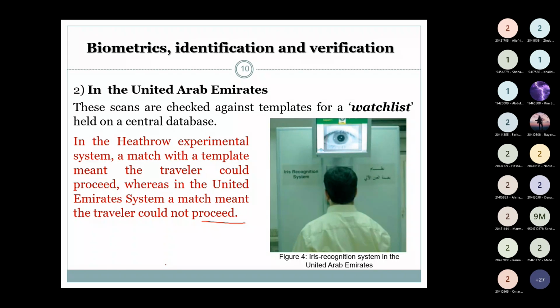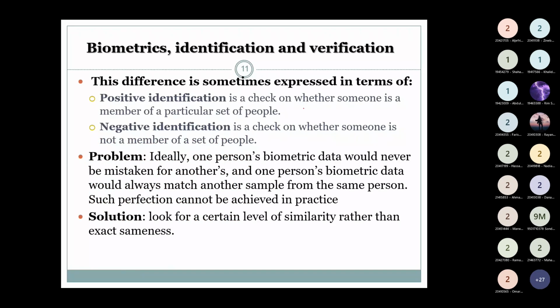Now the difference is sometimes expressed in terms of positive identification or negative identification. Because we have a comparison between samples and an existing database, we can have a positive identification. It means a check on whether someone is a member of a particular set of people.